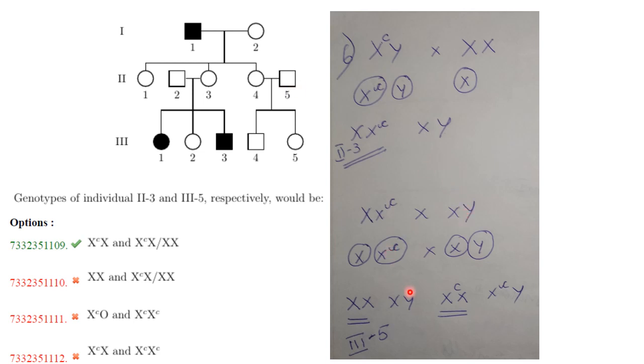So XY. So you will get offsprings that will be XX females who are normal, or they can be XCX also, because they may be carriers also, because the mother has a heterozygous genotype. So this 3-5 could be either XX or XCX. So the answer here is option 1.